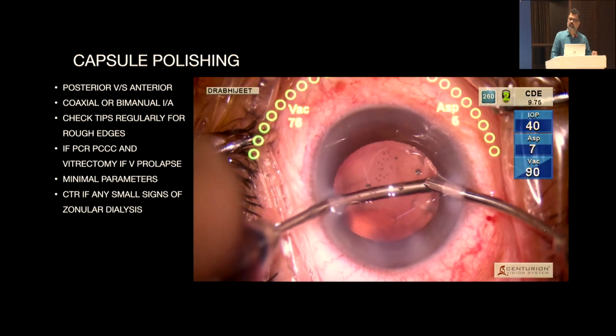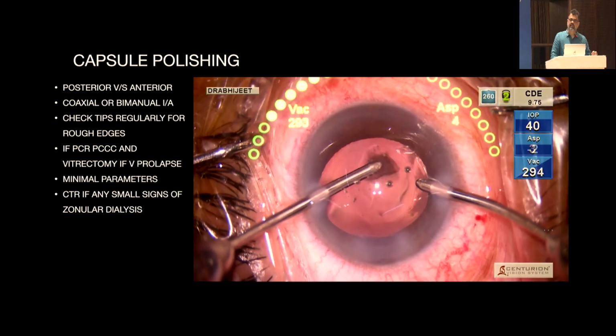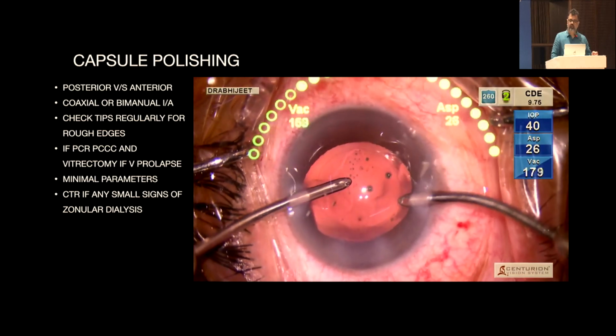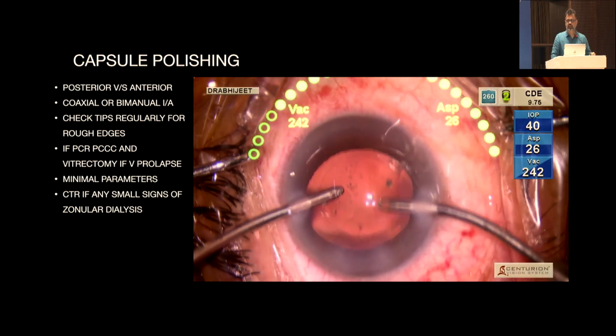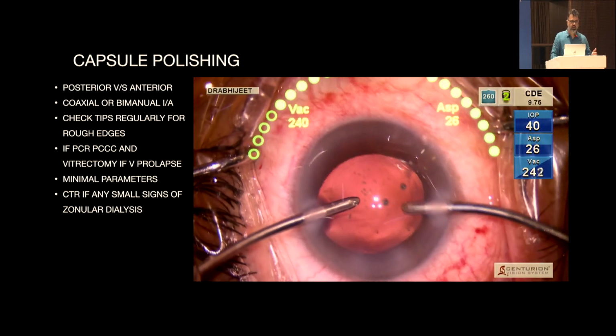Capsule polishing is very important out here because you don't want these kind of premium IOLs to end up with a PCO at an early stage. Whether it's bimanual or coaxial is surgeon dependent.